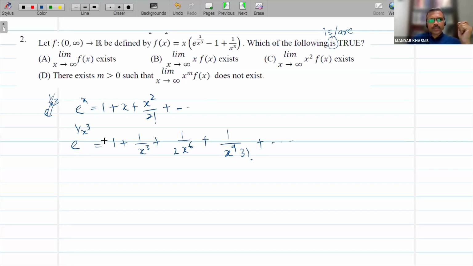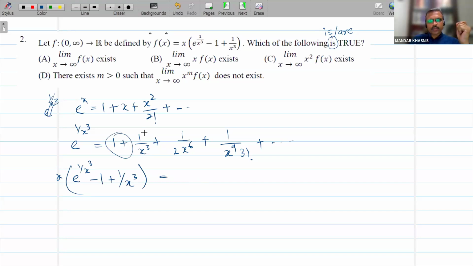Now when we subtract 1, e raised to 1 by x cube minus 1, times x, what will this expression turn out to be? This 1 will go.